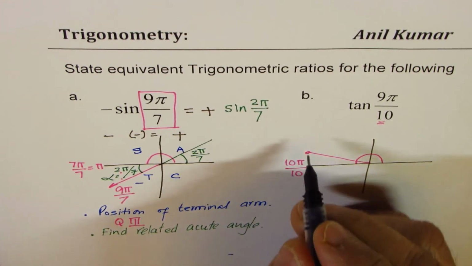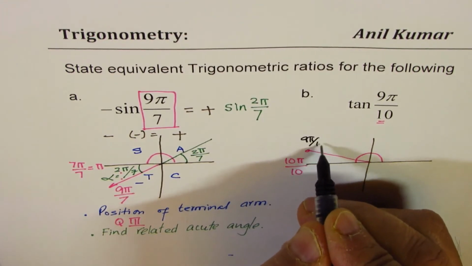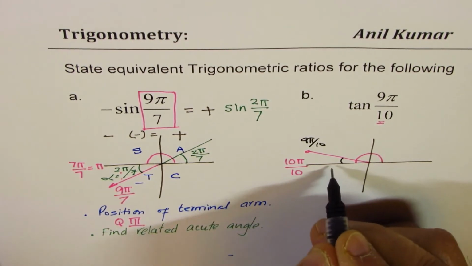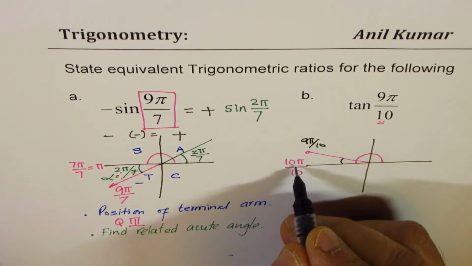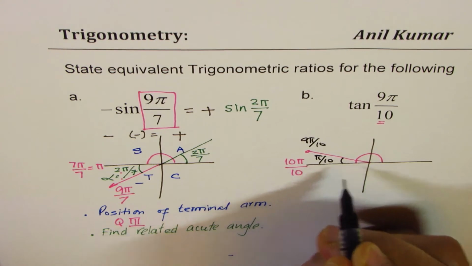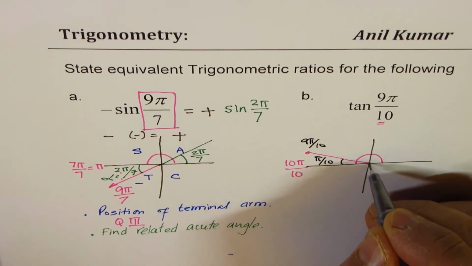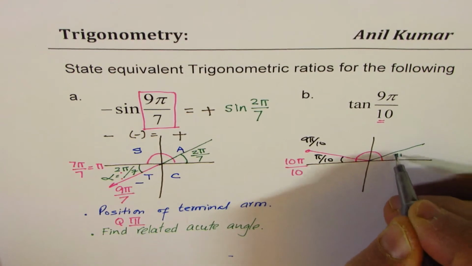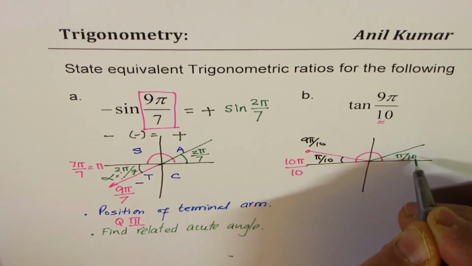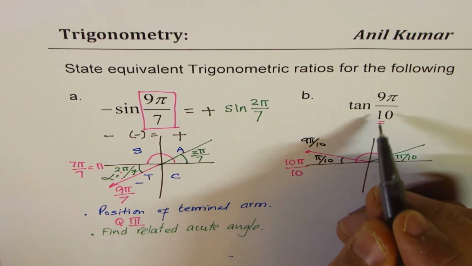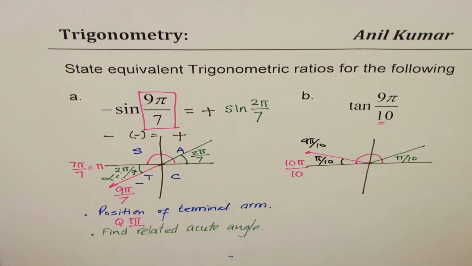So this position for us is 9 pi by 10. What is the related acute angle? 9 and 10, just pi by 10. Do you get it? Right? So in this particular case, we find that the related acute angle is pi by 10, which is less than 90 degrees. And we'll always consider that to be positive, right? So that is how we do it.